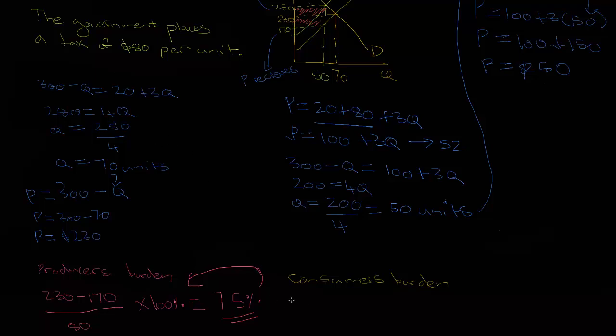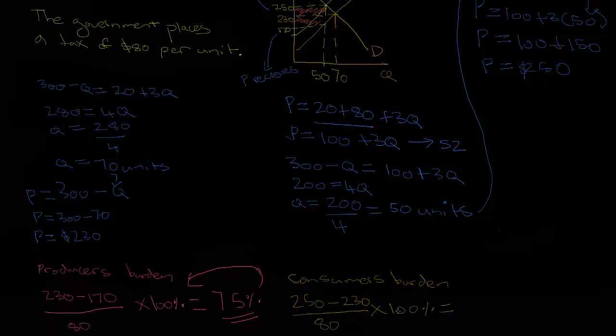So we have 250 minus 230 over 80 times 100%, just to get it in a percentage. Technically, since everything must equal 100% and 75% has gone to the producer, this should come out to be 25%.